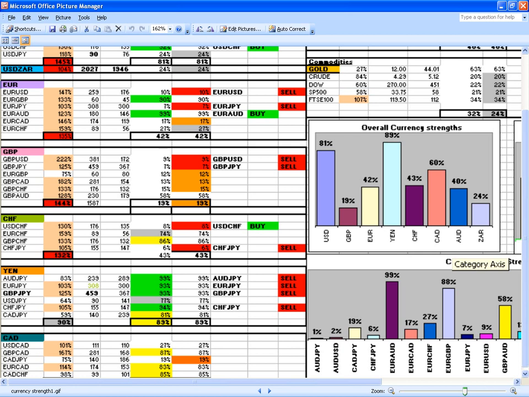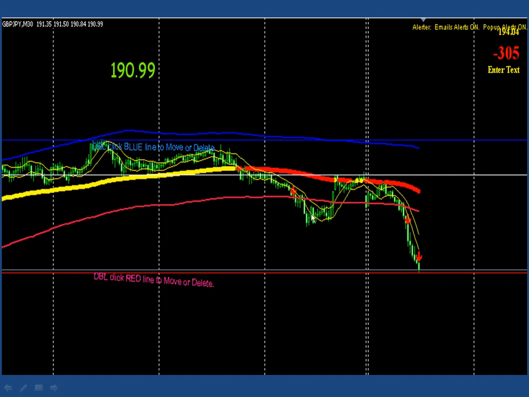I want to show you a trade that I actually went in on using the currency meter. What happened was, and this was taken on the same day that these snapshots were taken, you could see that the pound was very weak and the yen was very strong.